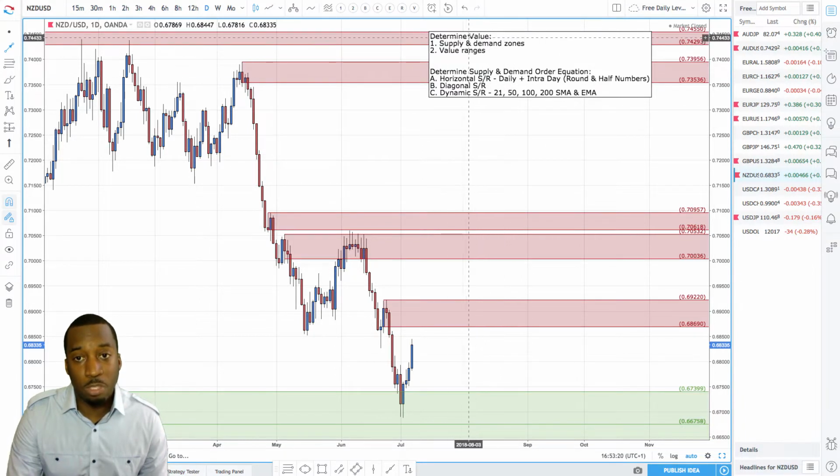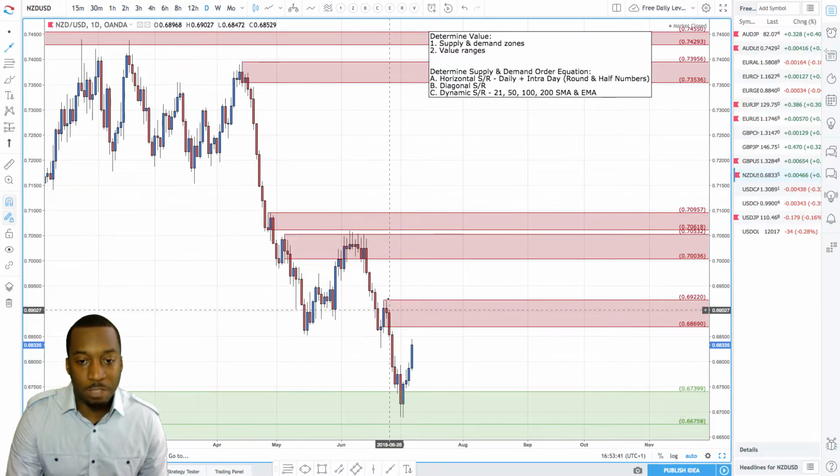So first of all, I'm going to determine value. We can use this on pretty much all of your currency pairs. What we want to do is determine value by looking at supply and demand zones. This zone would be where buyers or sellers deemed it a bargain or an expensive area.